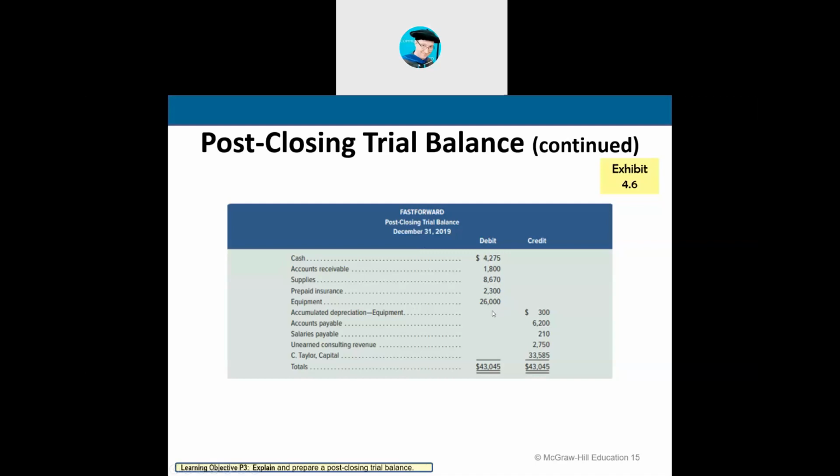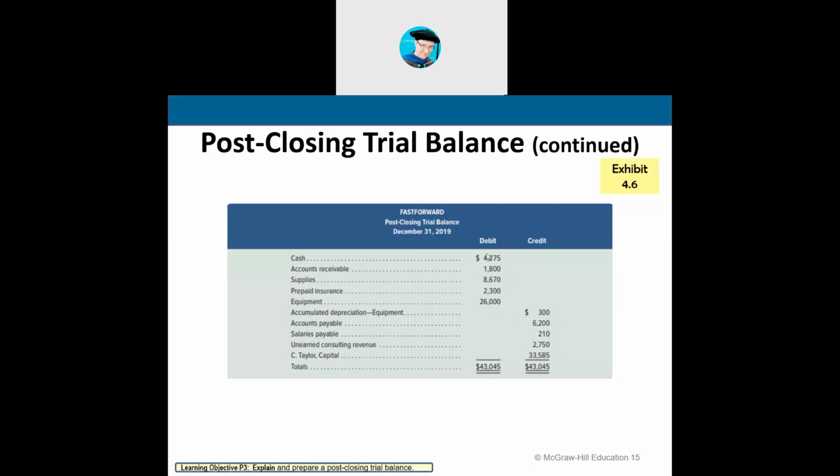And then we have accumulated depreciation, which is also an asset account. Then we have our liabilities: accounts payable, salaries payable, and unearned revenue, also a liability account.